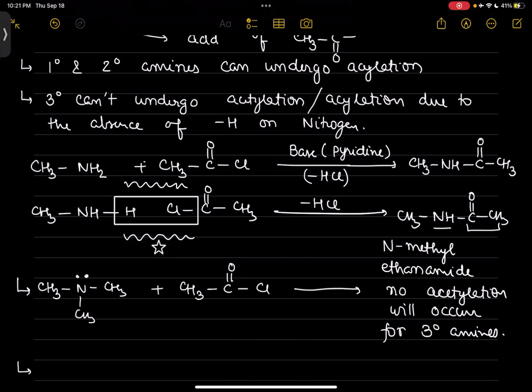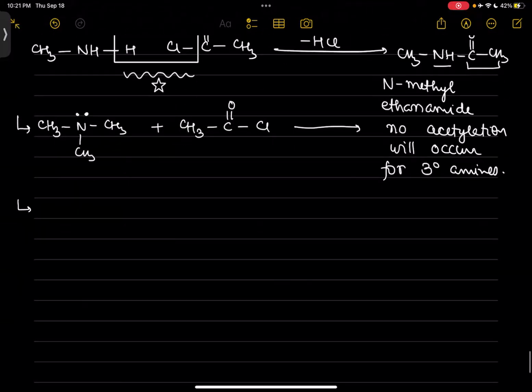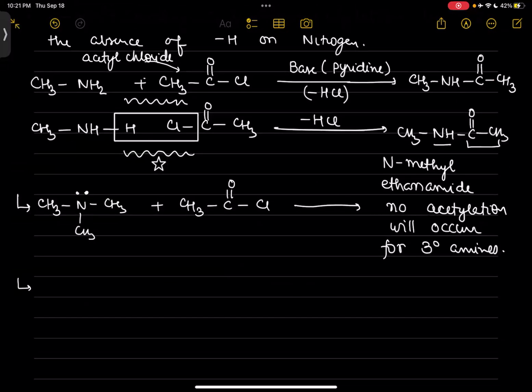It is removing HCl. But what is the reagent which you are taking with the amine which is causing acetylation? It is acetyl chloride. Got it? So acetyl chloride is causing acetylation. Or you can use acetic anhydride also.